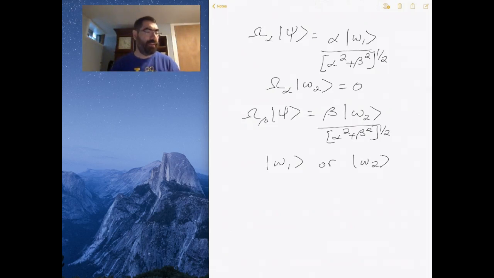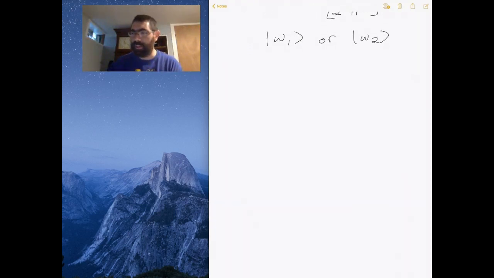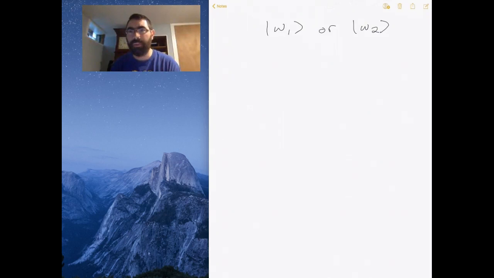Okay. So in the end, what we have is the different possibilities. Before we do the measurement, there are many possibilities. When we make the measurement, one of the possibilities comes out, and the probability that that outcome is going to occur depends on basically the strength of the state.